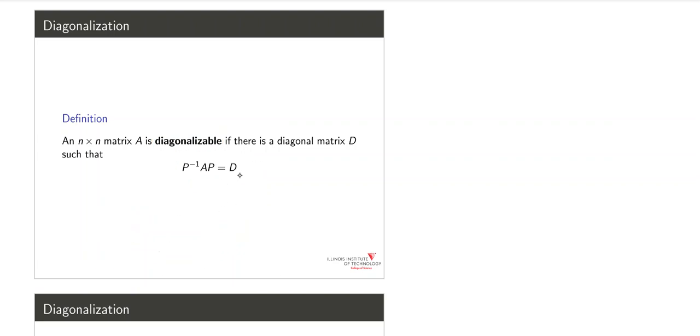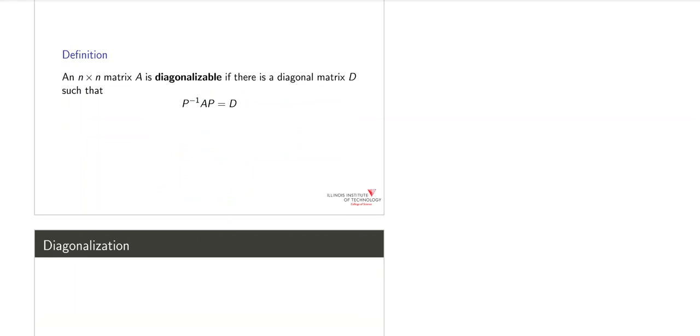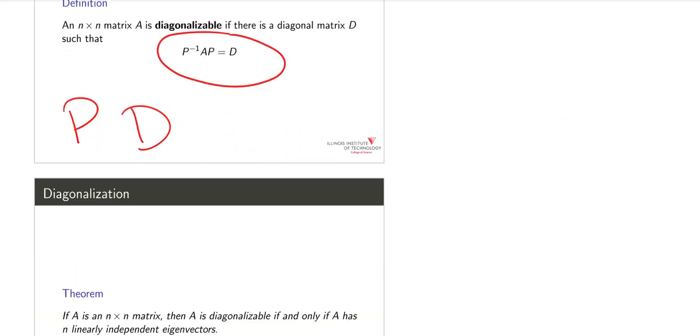So a square matrix, n by n, is diagonalizable if there's a diagonal matrix such that this is true. That means a matrix is diagonalizable if you can find an invertible matrix P and a diagonal matrix D such that P inverse A P is equal to D. All right, so that's the definition.